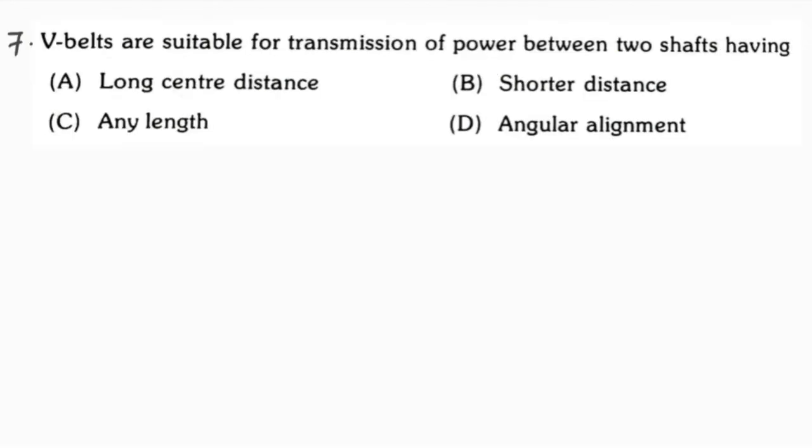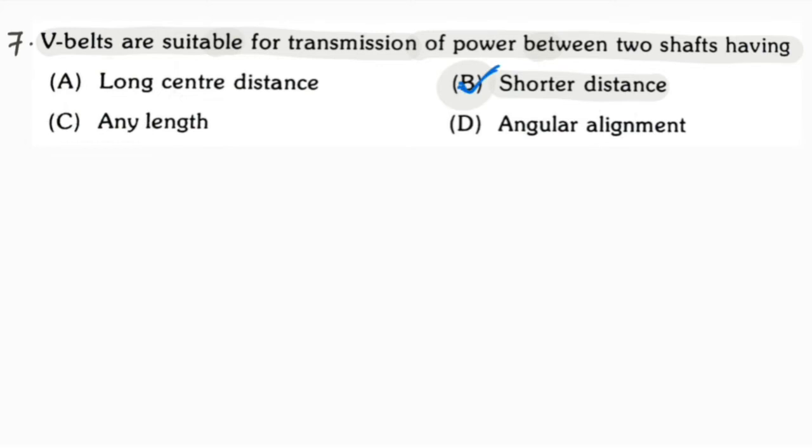Yes. Look at the seventh problem. V-belts are suitable for transmission of power between two shafts having a shorter distance. Dear friends, you can practically find V-belts in the lathe machine. Generally, V-belts are for transmitting power over a shorter distance. You can also find V-belts in rice mills. Look at option B. Option B is absolutely correct.